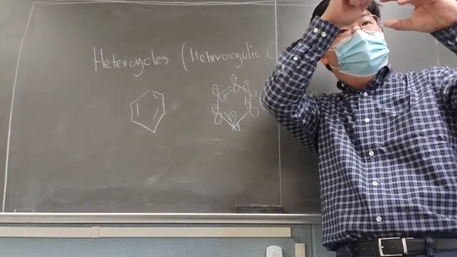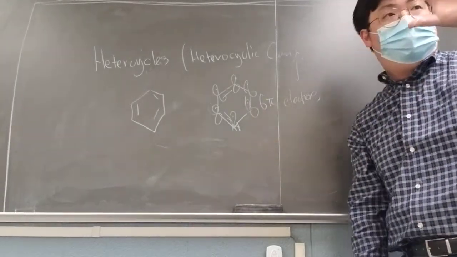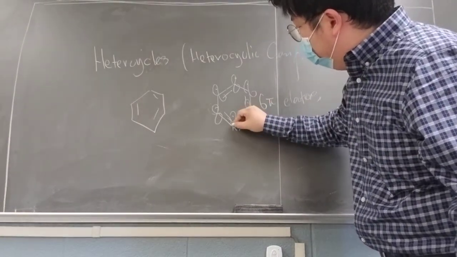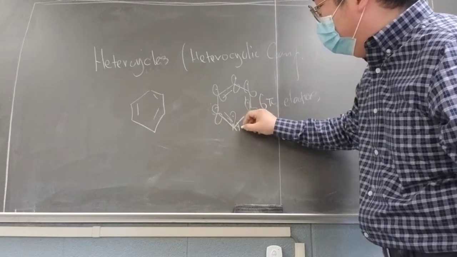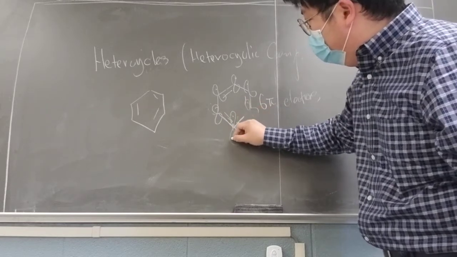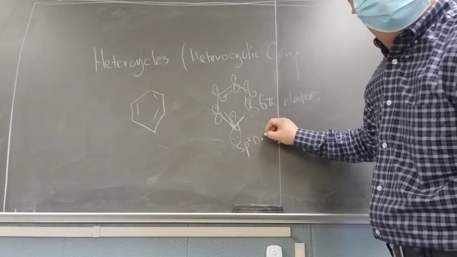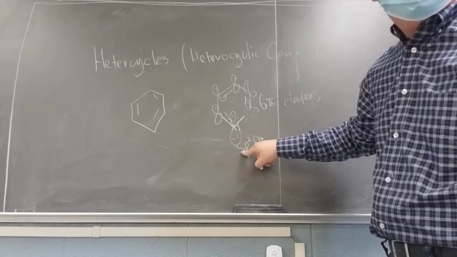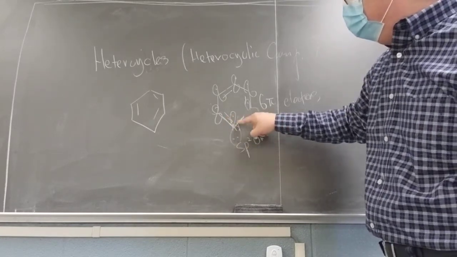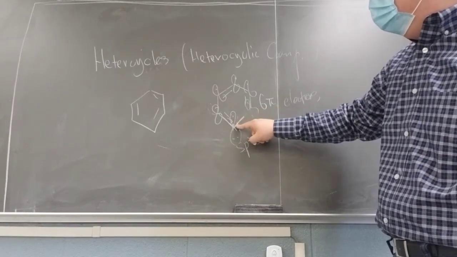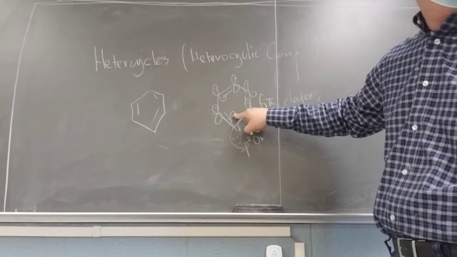The pi bond comes from the p orbital. It has also 1, 2, 3, and the p orbital, and 4. This is the sp2 orbital, not p. So it's a hybrid orbital. There's a sigma bond between these two, and it's the same thing here. And the p orbital is separate, on the top.